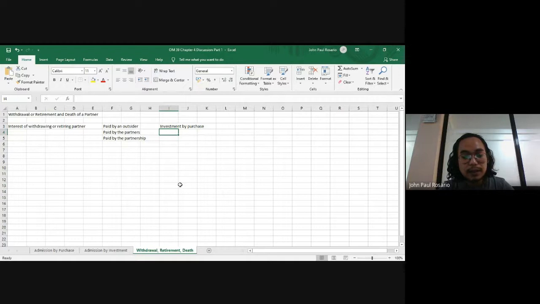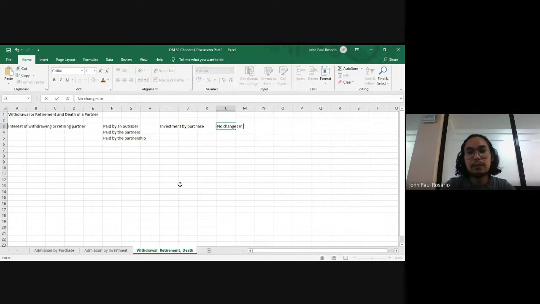And the third, it's like when there is revaluation, but instead of distributing the increase or decrease in the assets of the partnership, what is being distributed is the capital interest of the retiring partner to the remaining partners. So in these two cases, no changes in the partnership assets.